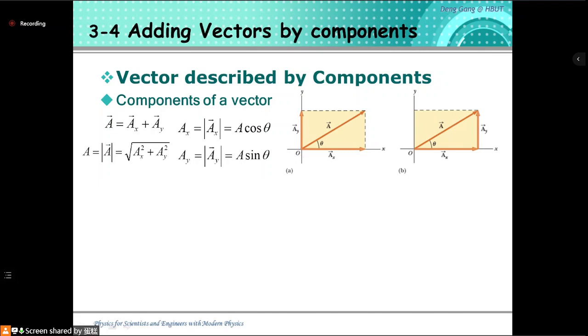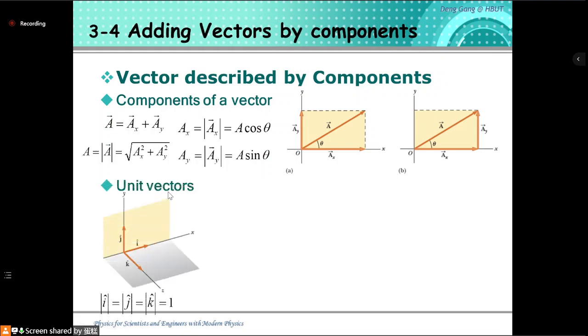If we define something called unit vectors, meaning the length is 1 and in specific directions: in the X direction it's i, in the Y direction it's j, in the Z direction it's k.